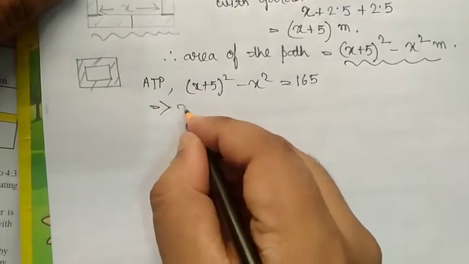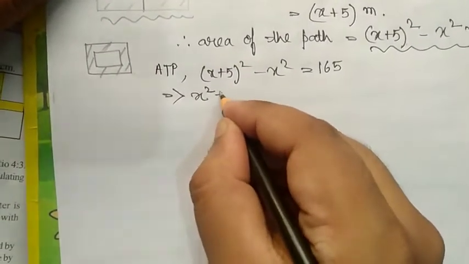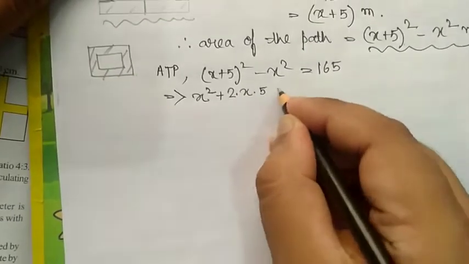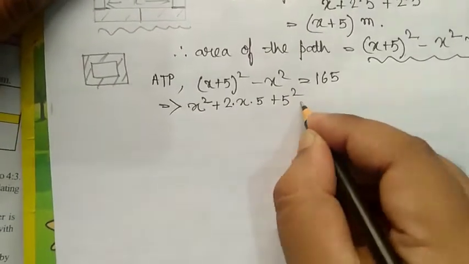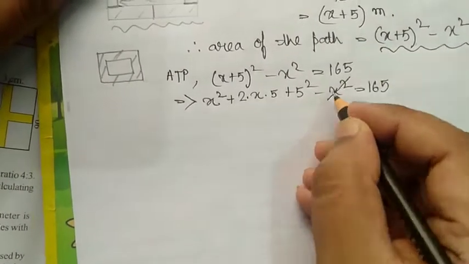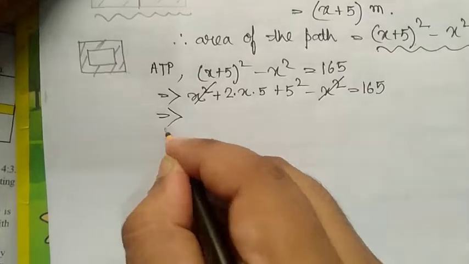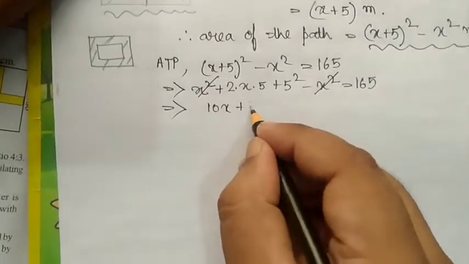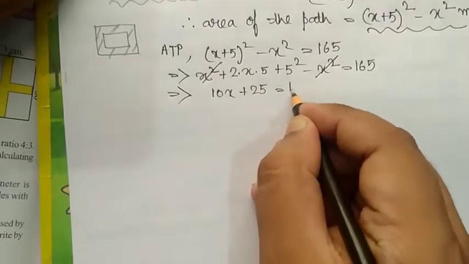Using a plus b whole square equals a square plus 2ab plus b square, we get x square plus 2 into x into 5 plus 5 square minus x square equals 165. We can eliminate x square. 5 into 2 is 10x plus 5 square means 25 equals 165.